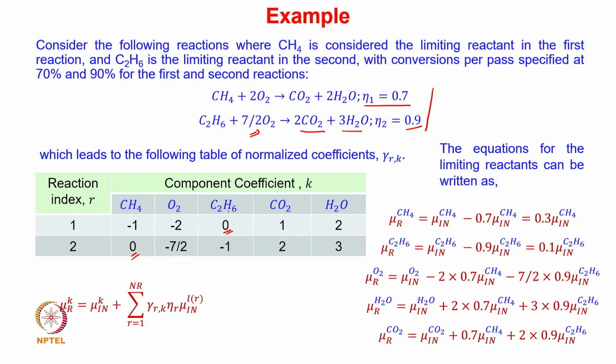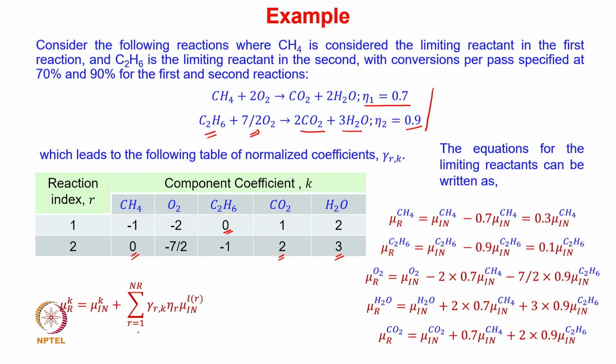Then C2H6 is also getting consumed, so its stoichiometric coefficient is -1. CO2 is getting produced, so its stoichiometric coefficient is 2, and water is getting produced, so its stoichiometric coefficient is 3.